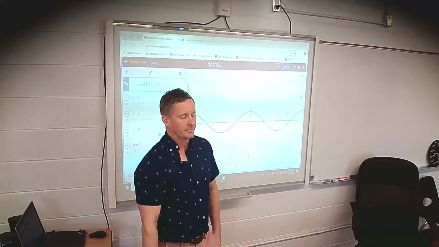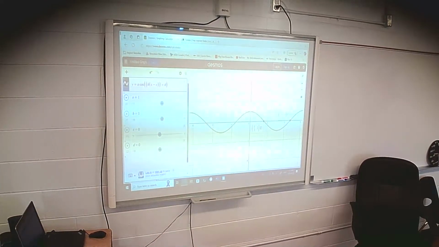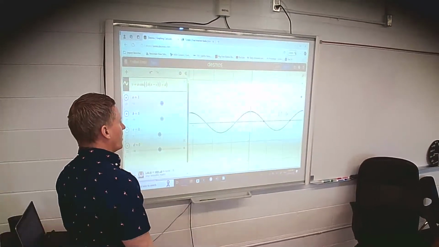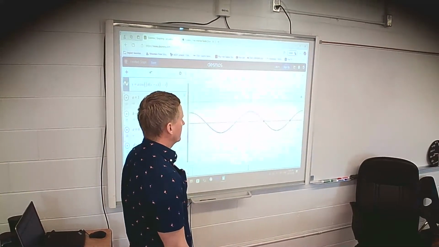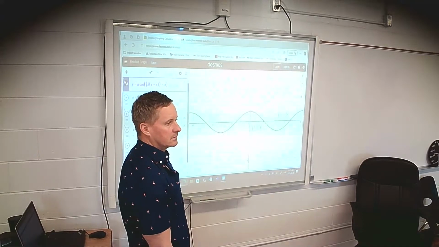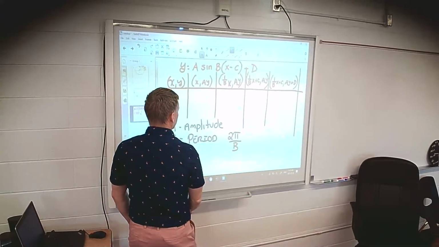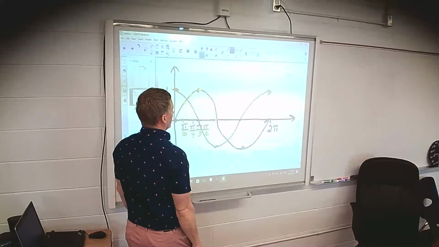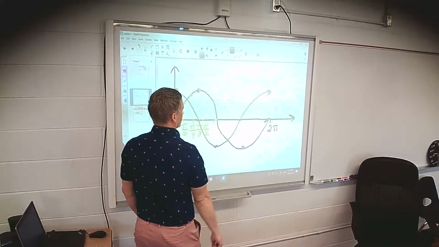There's your x-intercepts. Pi over 2 and 3 pi over 2. What you're looking for is when your y value is equal to 0 for the cos graph, right? So if I go to my cos graph, y equals 0 right there, y equals 0 right there.